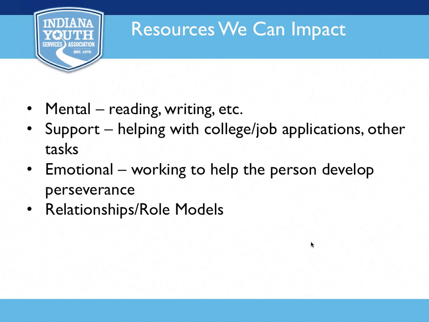And then a lot of the work that we do in terms of the emotional support that we're providing is based upon role modeling what it looks like to appropriately engage with and interact with other people, to handle frustrations, to deal with adversity and not give up. So a lot of that will come from the relationships and role models, so that we can actually show a young person what it looks like to be successful in all 8 of those areas.